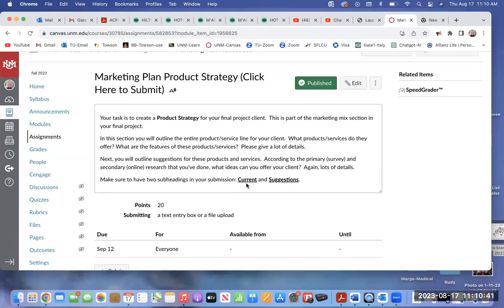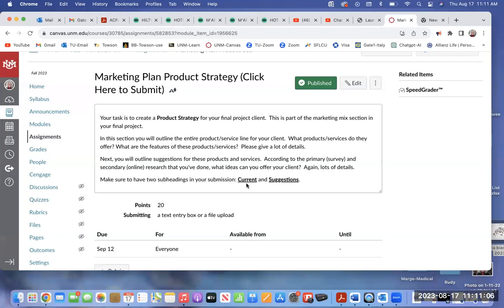And those suggestions are going to be based on your secondary research, your research out there online, and also your research by surveying and talking to people, proposed or potential customers, your proposed target market, and those surveys.